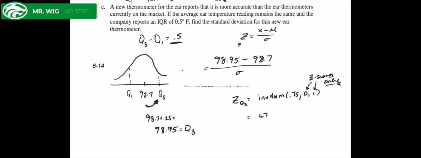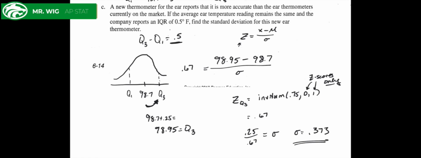So I can go in here and say this is 0.67, and I can do that subtraction and division altogether. It turns out that 0.25 divided by 0.67 is equal to the standard deviation, which turns out to be 0.373.